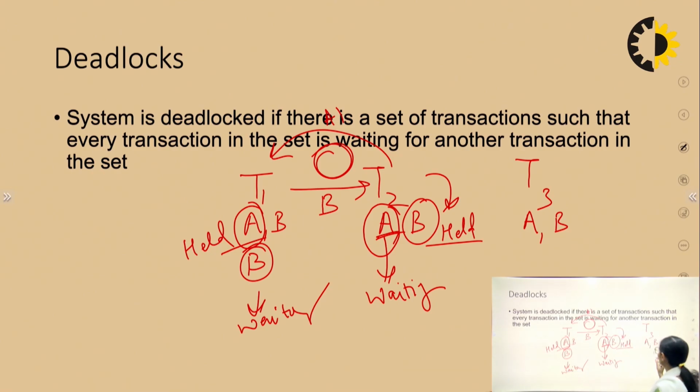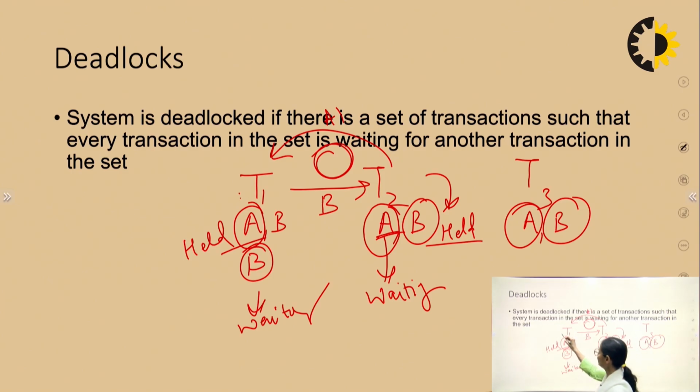Now look at T3. Since T1 and T2 already hold A and B, T3 also wants to get hold of A and B, but due to the locking protocol, T1 is not able to release the lock on A, because it is still waiting to get a lock on B. So T3 will go into the waiting state.